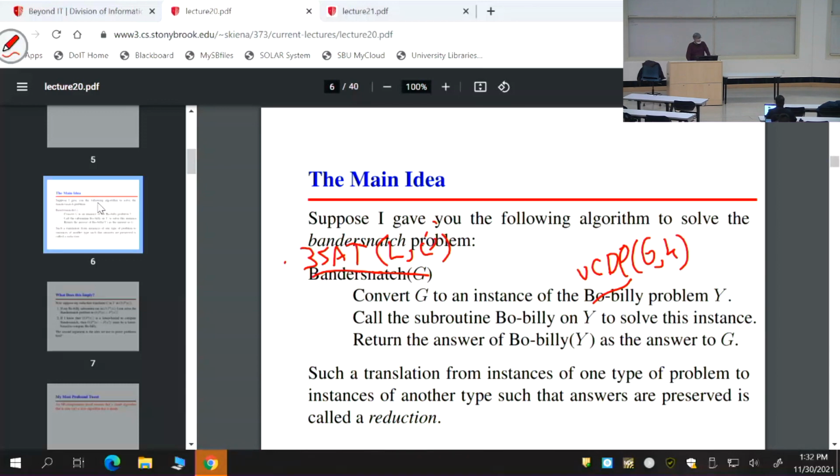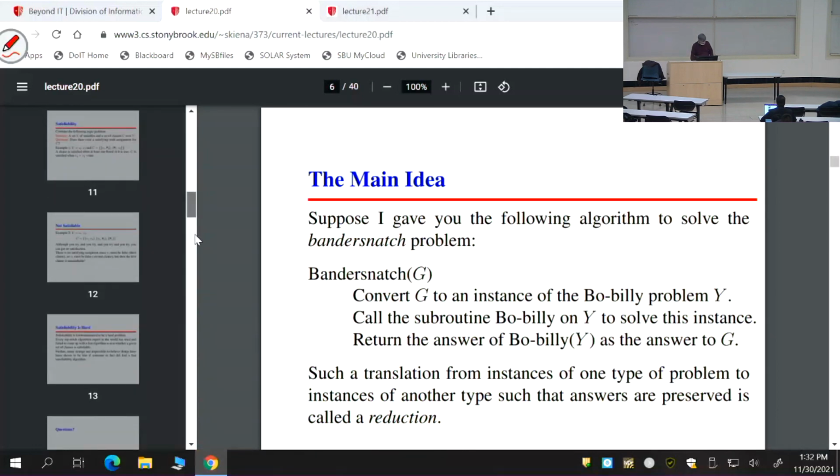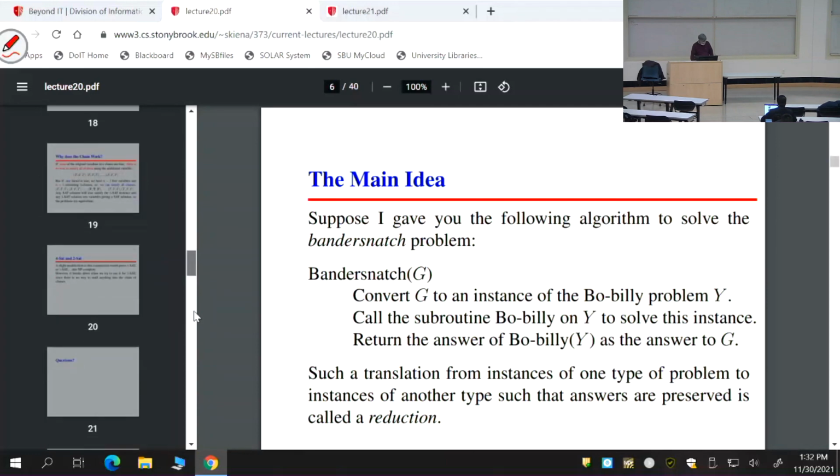Okay? How can I do this translation between logic clauses and a graph? Let me show you a way to do it, because it's kind of a clever little thing.